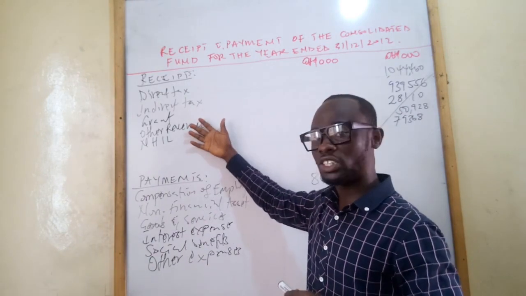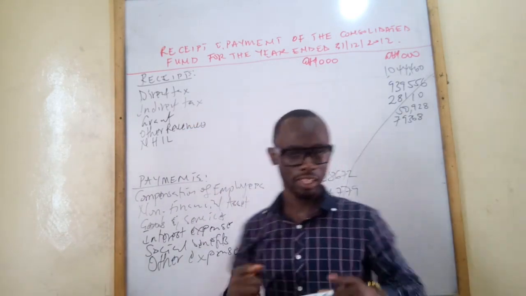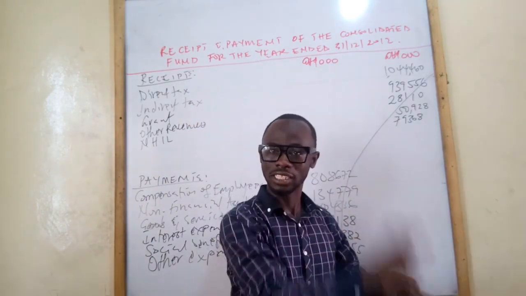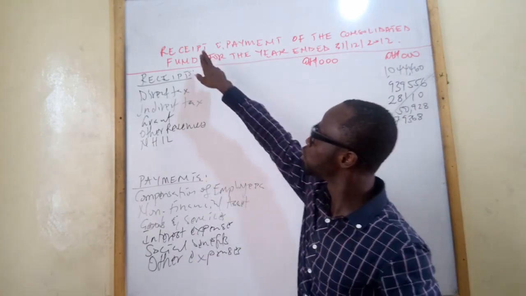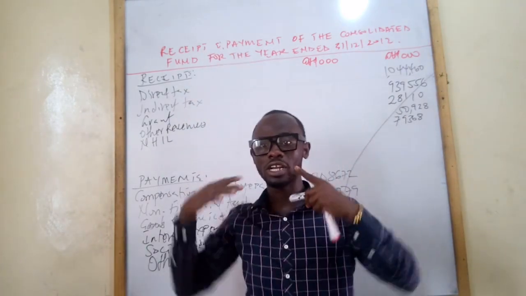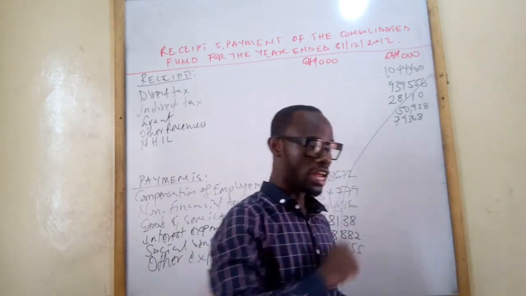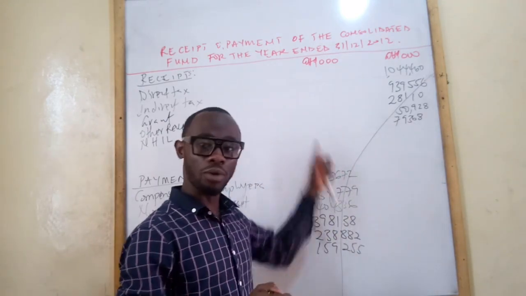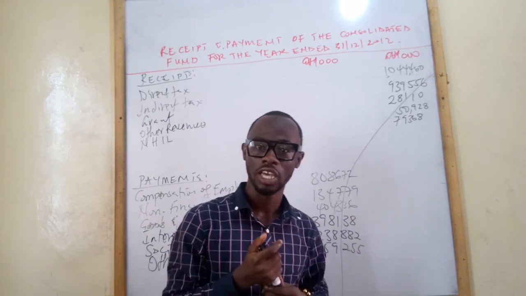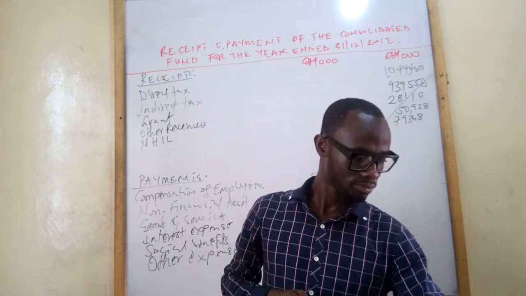So we are not receiving anything, we are not paying anything. So even though this item is in the balances, the examiner says you should prepare receipt and payment. And so that will not be recorded anywhere.